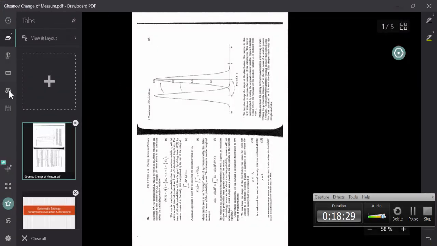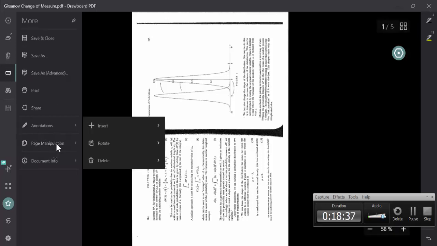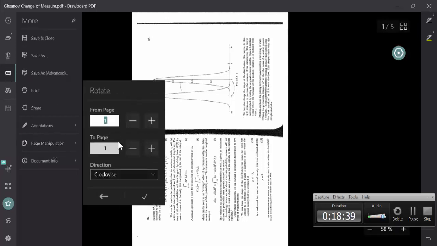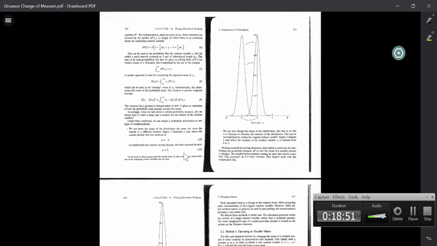How do I turn that? Document options. Is that right? Rotate from page 1, rotate all of them. Rotate clockwise, yes. Here you go. This thing is not really user-friendly.